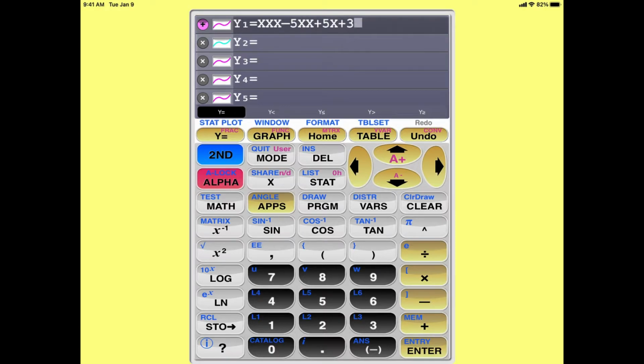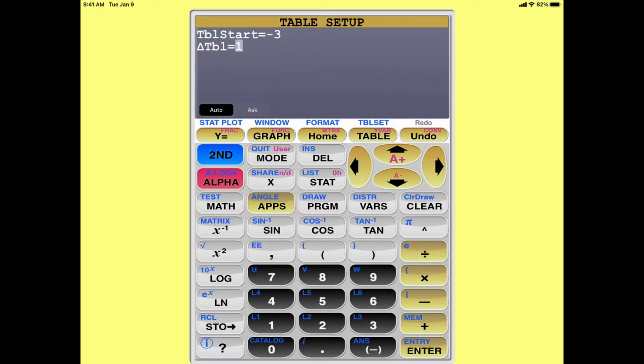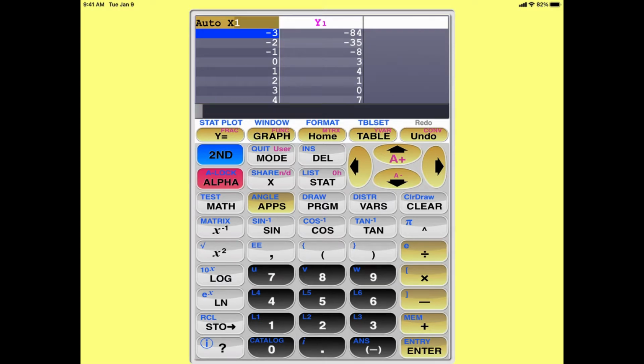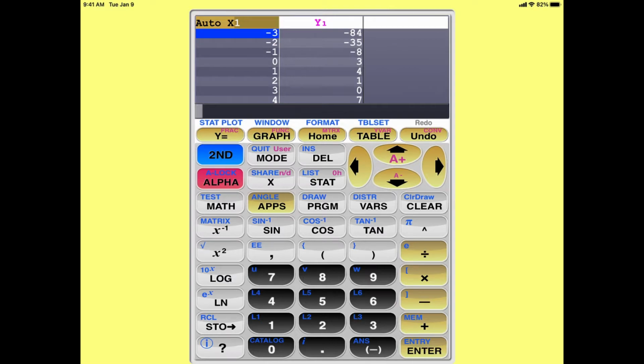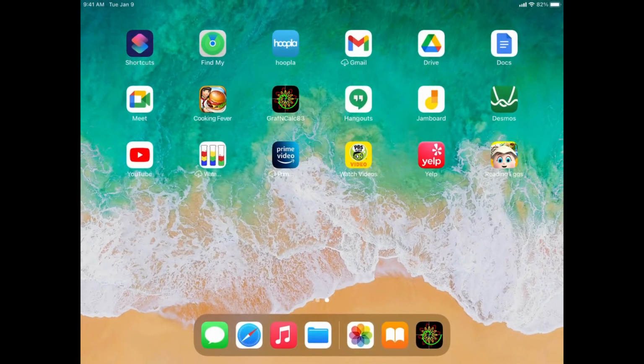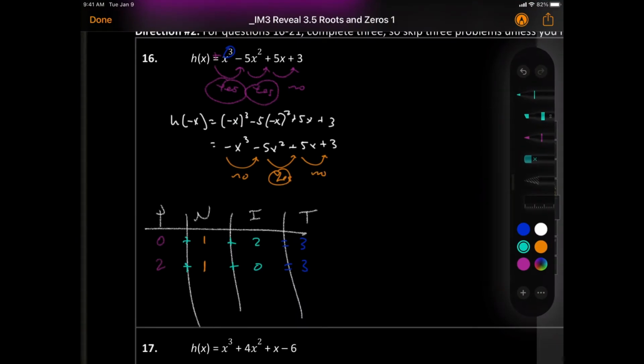We already set up our table set, so if you do this once, you don't have to do it again, and then press your table. And look at that. Same thing happened again, where, let me double check, minus 5x squared plus 5x plus 3. Yeah, and so x equals 3 is a 0. So now let's go ahead and double check that.